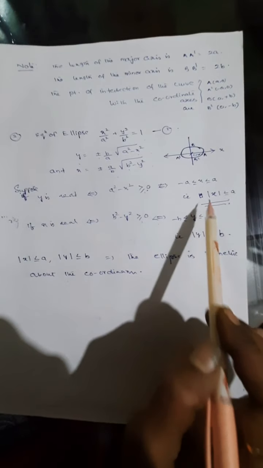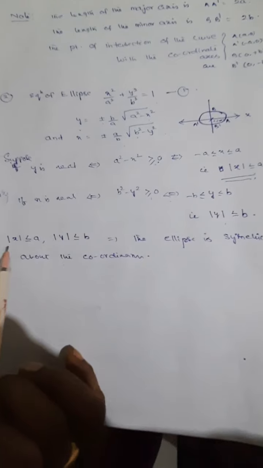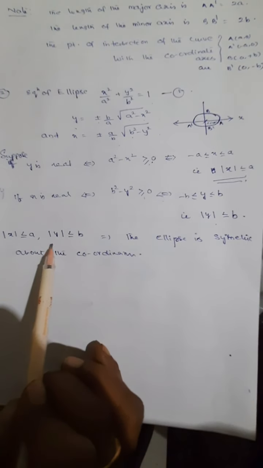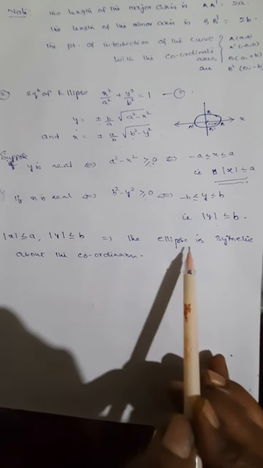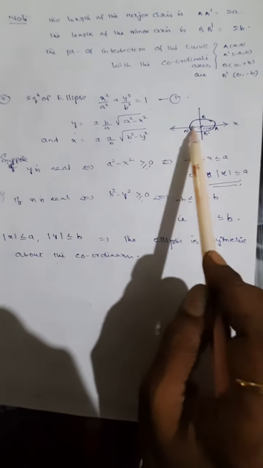Therefore, from these two inequalities, mod x is less than or equal to a and mod y is less than or equal to b. Then the ellipse is symmetric about the coordinate axes, that is the x-axis and the y-axis.